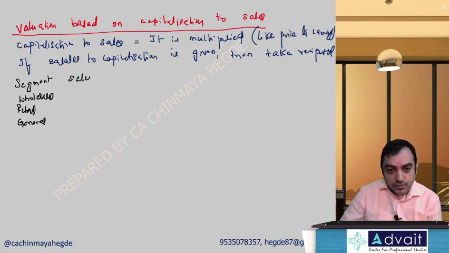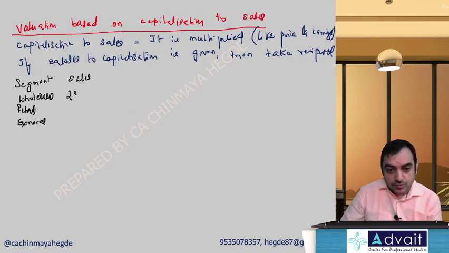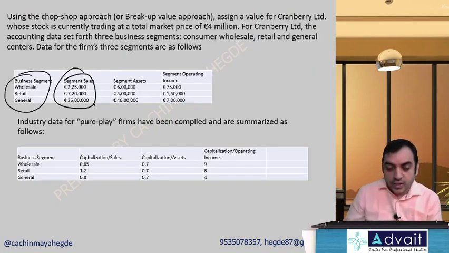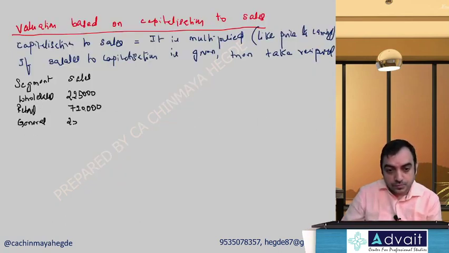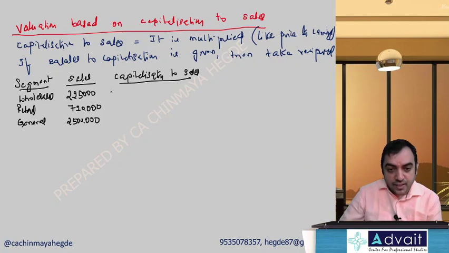Segment sales: 2,25,000, 7,20,000, 25 lakh. Ratio, capitalization to sales. Ratio given 0.85.